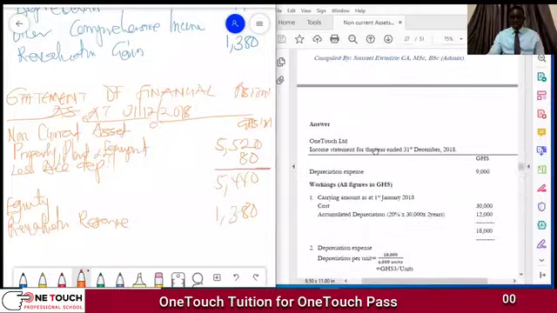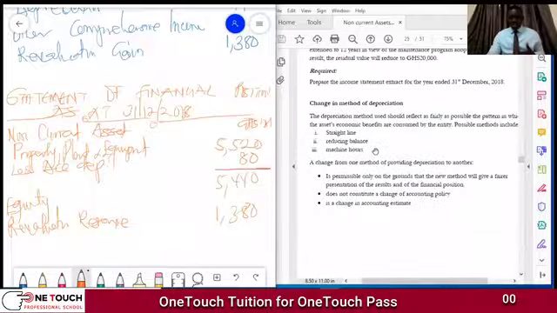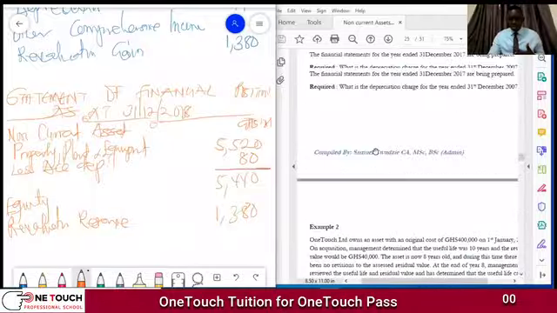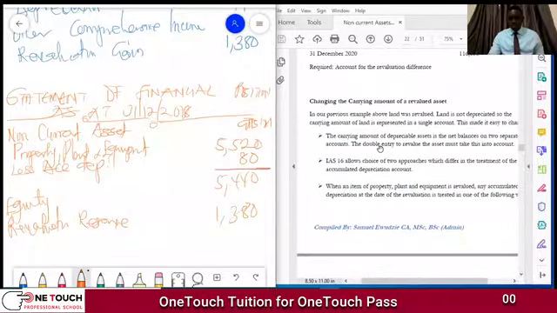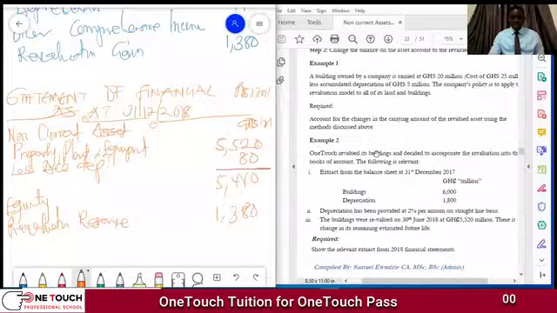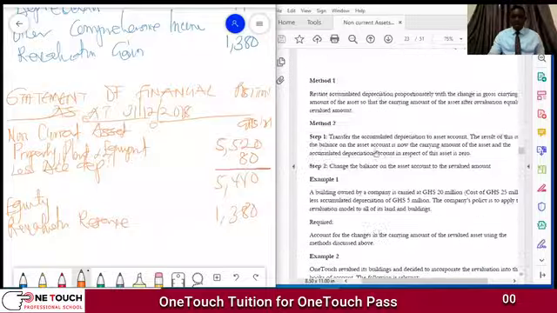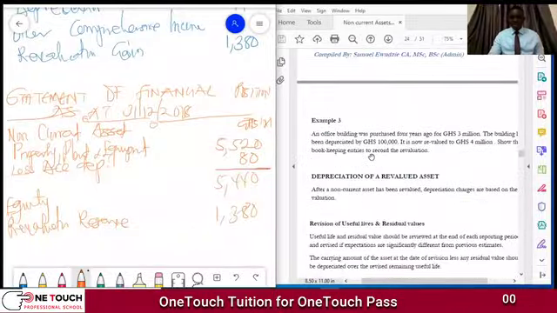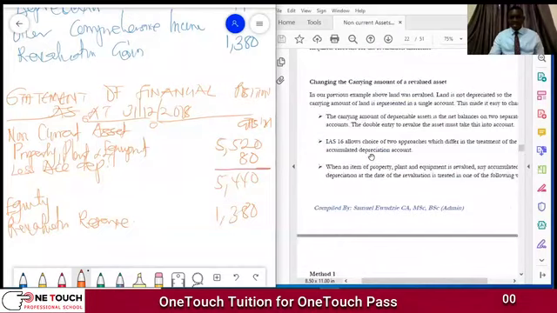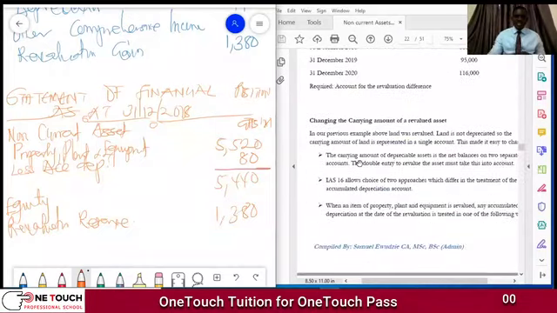All right. So I'll end here on changing the carrying amount of revalued assets, then continue our discussion later on, where we will wrap up on the whole accounting for non-current assets and depreciation.